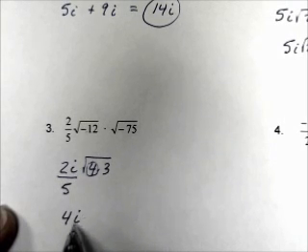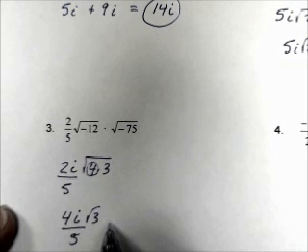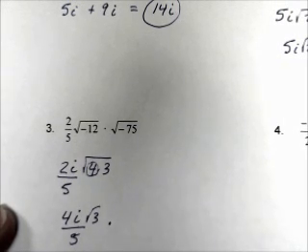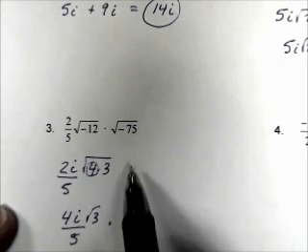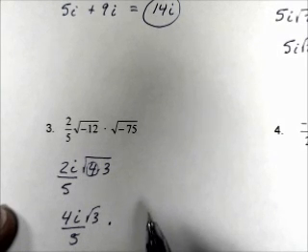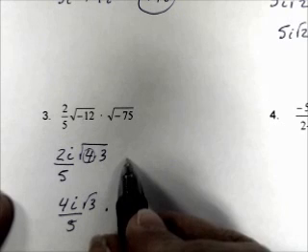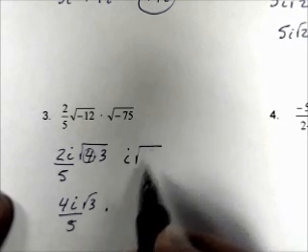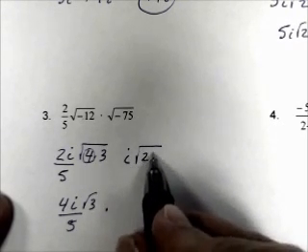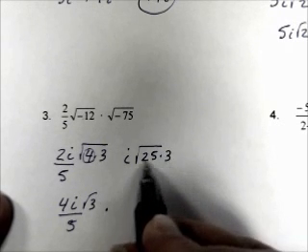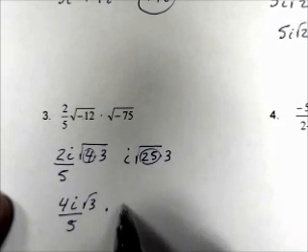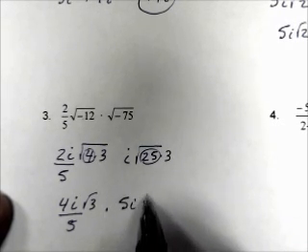So we have 4i square root of 3 over 5 times, simplifying, the square root of negative 75, i square root of 25 times 3, and the square root of 25 is 5, so this is 5i square root of 3.